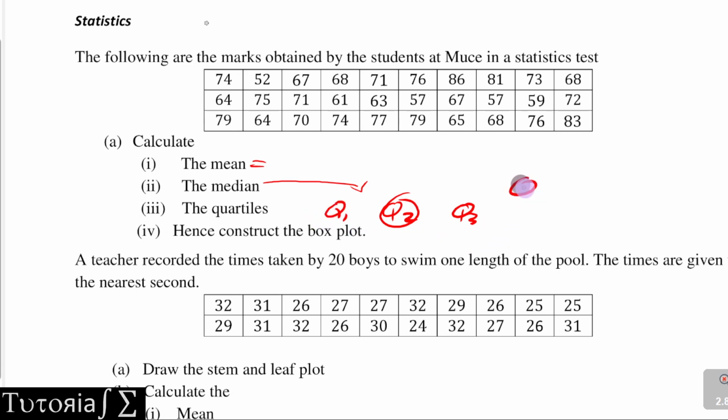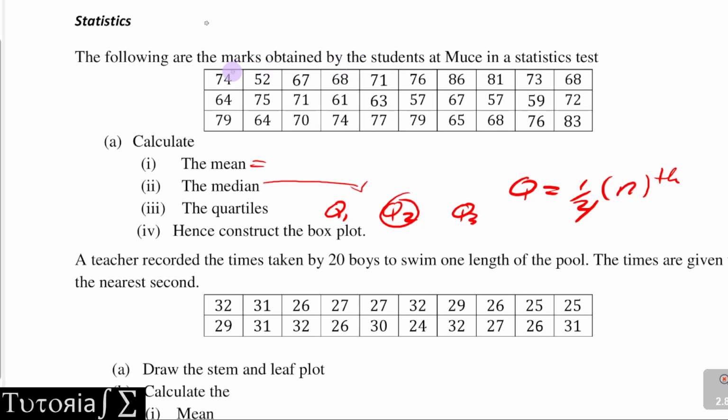The lower quartile, quartile 1, is 1/4 of the nth. So we count how many values we have here. So then we say 1/4 of n, so that will give us the position of the quartile.